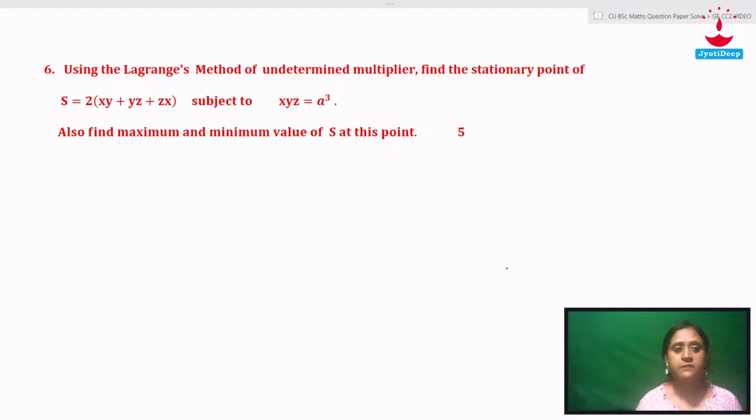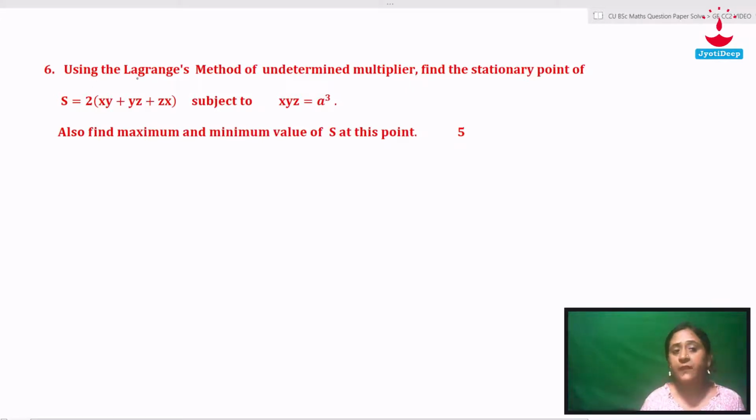Okay, our question number 6 is here. Using the Lagrange method of undetermined multiplier, find the stationary point of S equal to 2 into xy plus yz plus zx subject to xyz is equals to a cube. Also find maximum and minimum value of S at this point. Okay, so what we have to do here?